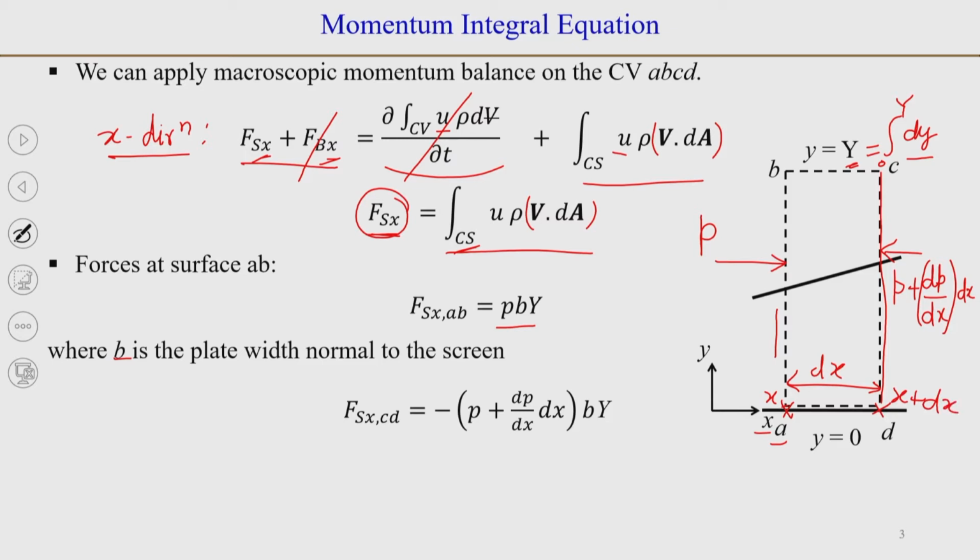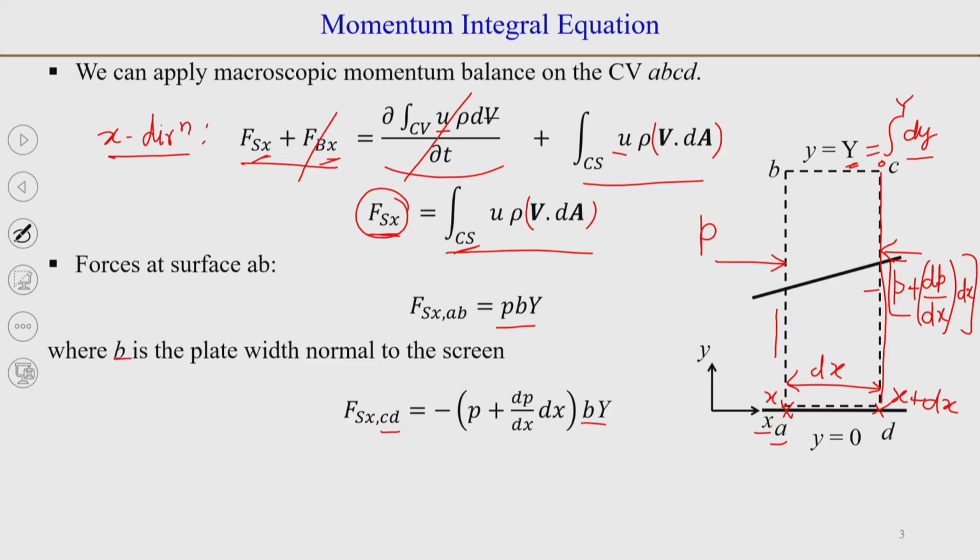So, the force due to pressure on surface CD is equal to minus, it will be acting in the negative x direction. So, that is why there is a minus sign here. Okay. So, minus P plus dP by dx into dx, multiplied by the area of the surface, which is again b into y.